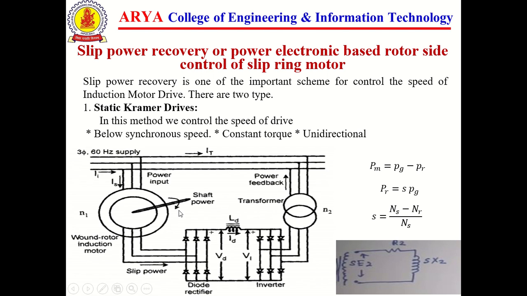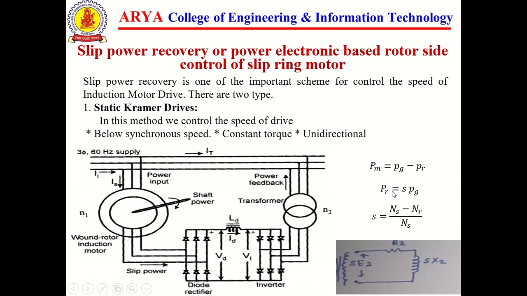For understanding, we give some relations. Mechanical power developed by the shaft of the induction motor is equal to Pg minus PR. That means Pg, the power developed across the air gap, minus the power loss in the rotor of the induction motor. So this is the net mechanical output power, PM, equal to input power minus loss.